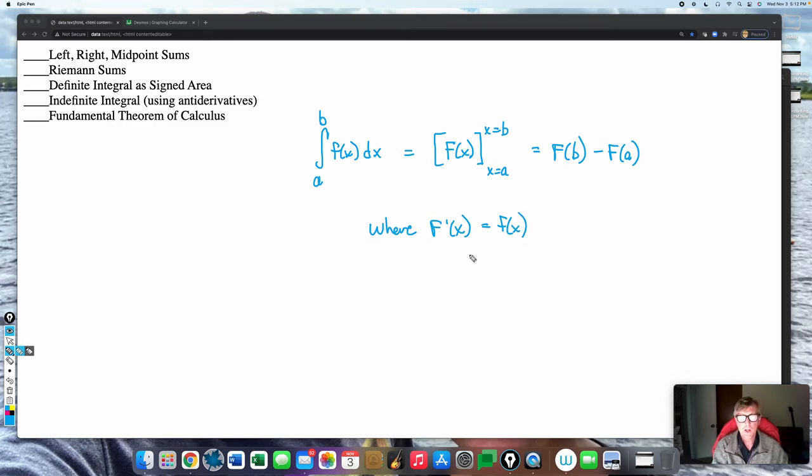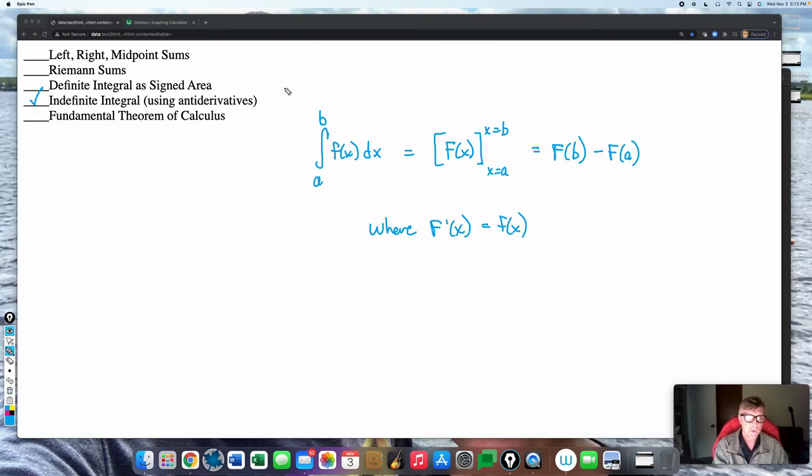Okay? Now, you might be wondering why I didn't write plus c. Well, if you did F of b plus c minus F of a plus c, the plus c's would cancel out. They'd subtract out. So it's kind of a waste of time to write the plus c for a definite integral. But here, you need to write the plus c. General antiderivative has to have it.